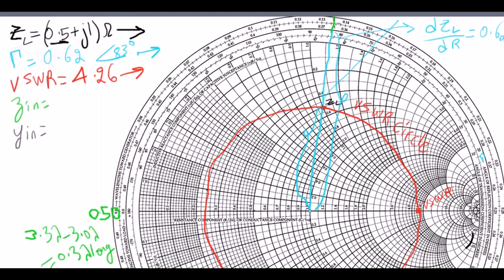So you start at 0.135 and then you add 0.3. By adding 0.135 wavelength plus 0.3 wavelength, you end up with 0.435 wavelength.